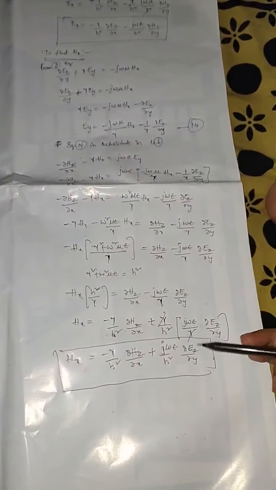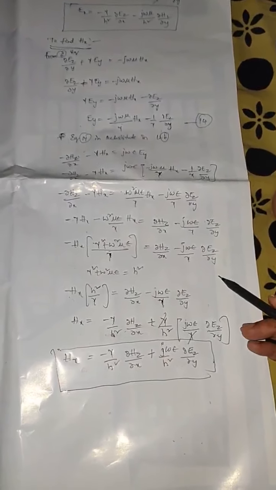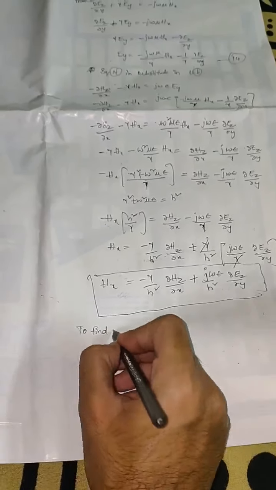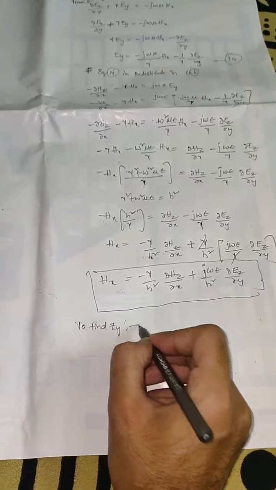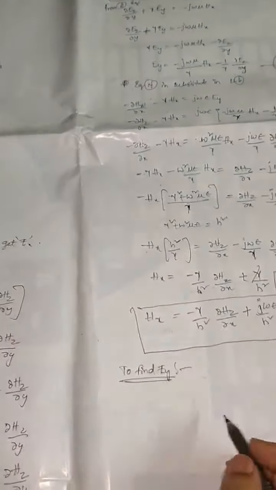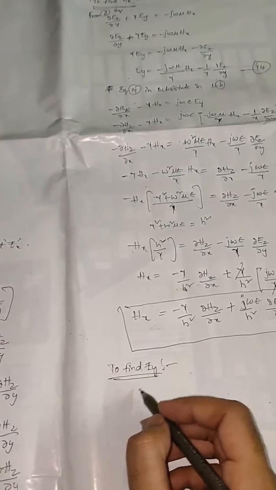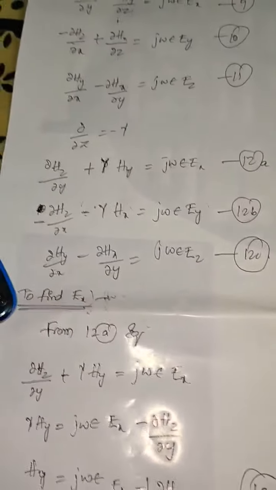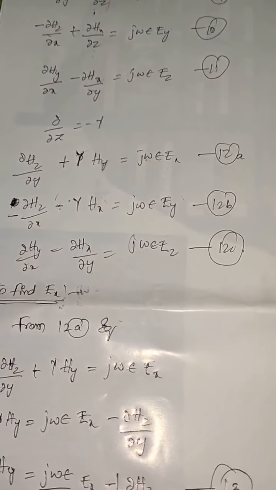Okay, so we have calculated the Ex value, and here we have calculated the Hx value. In the same way you need to calculate Hy and Ey also. We have derived Ex and Hx. In a similar way we will derive Ey and Hy. To find Ey, let us take the 12b equation.